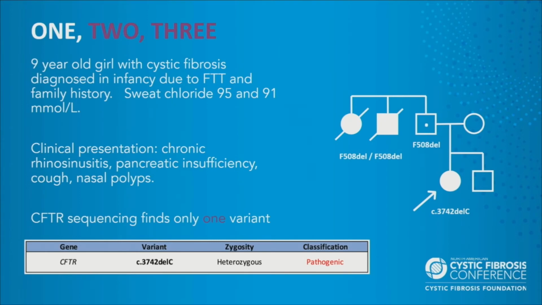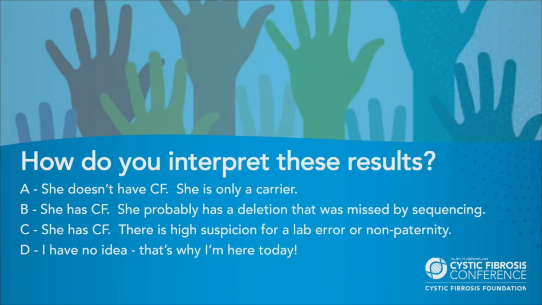So I'm going to ask you, through our very fancy polling system of your arms, how do you interpret these results in the case of this situation? So 4 answer choices. I'll read them and then I'll go through a show of hands. So A, she doesn't have CF, she's only a carrier. B, she has CF. She probably has a deletion that was missed because only sequencing was done.